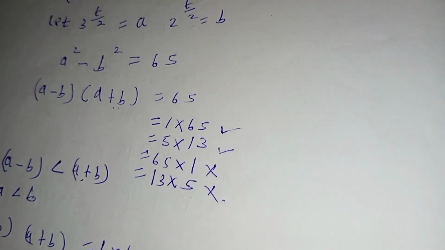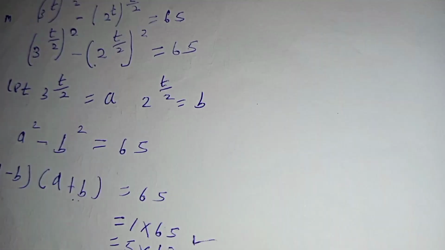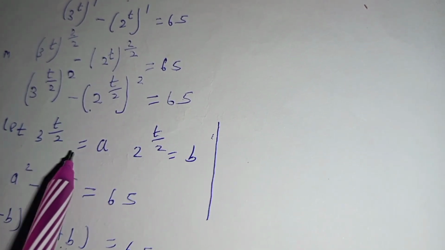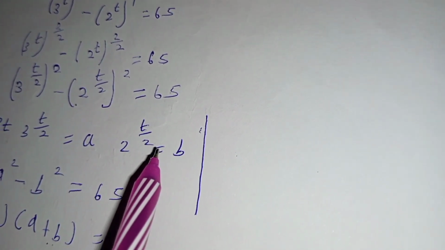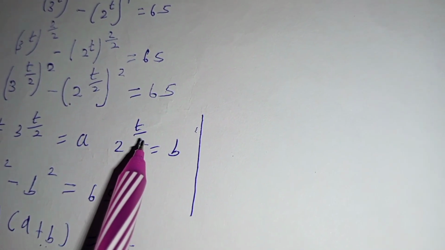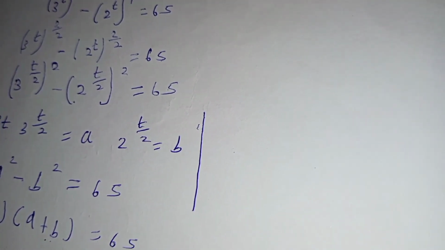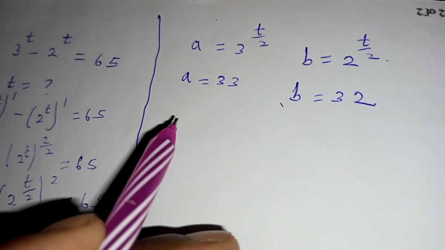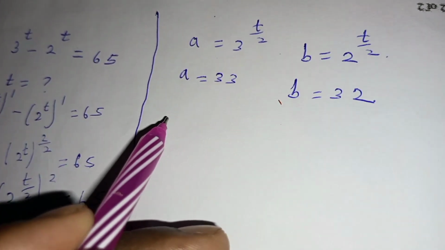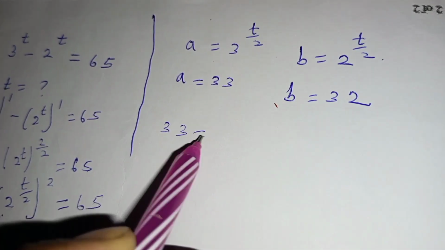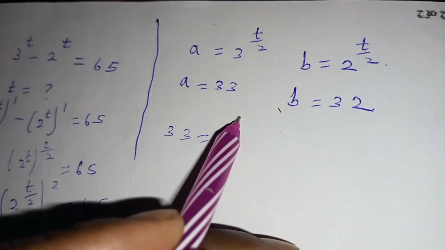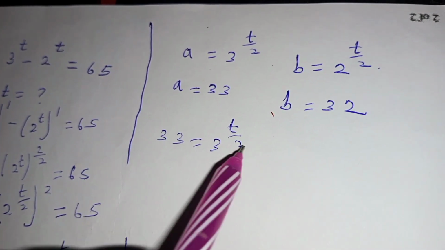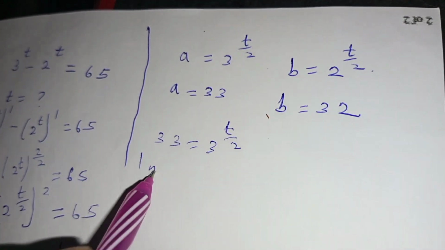Then we come here where we have 3 to the power of t over 2 as a, and our b was 2 to the power of t over 2, so that we obtain the value of t. So we shall substitute the value of a, which is 33, so 3 to the power of t over 2 is equal to 33, and then we take log on both sides.